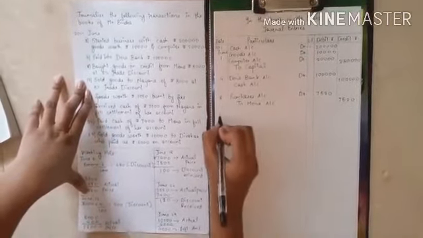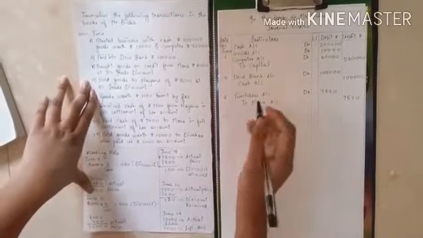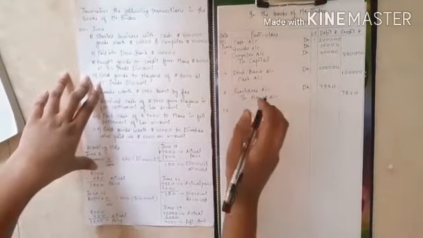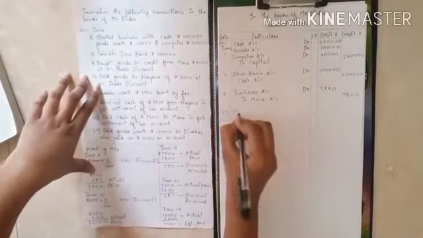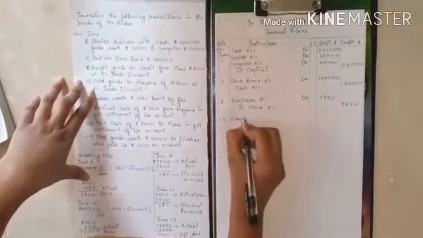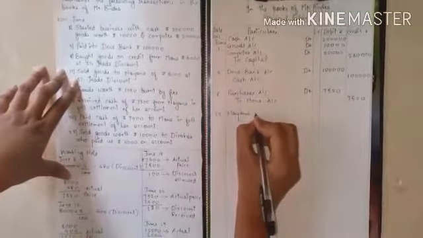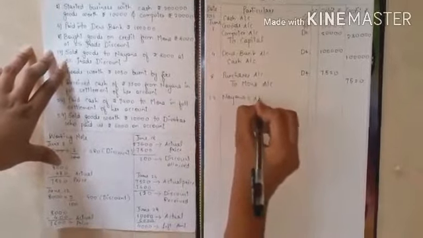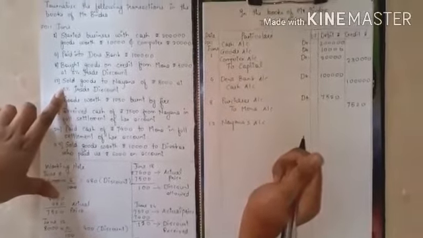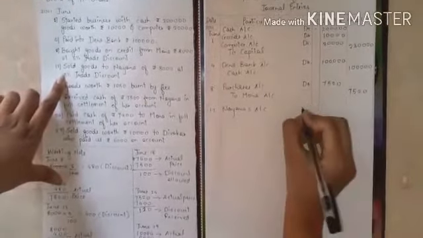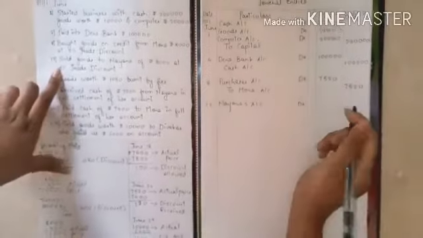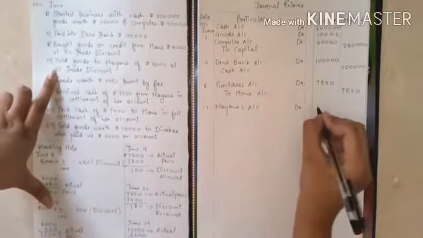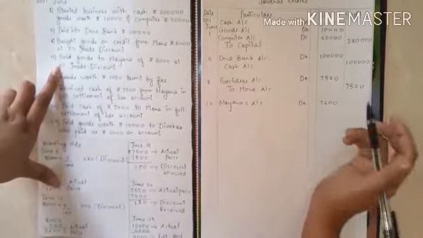on 12th June. Naina's account debit. Why Naina's account is debited? Since Naina is the receiver of the goods, so she is going to get the debit effect. What is the price? 7,600.